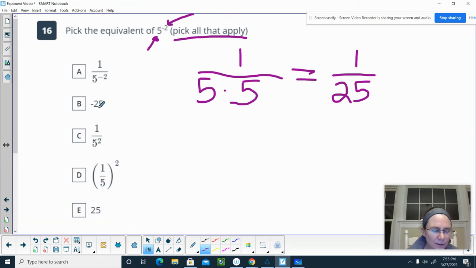It's not -25 because I don't have a negative here. These, 1 over 5 times 5 and 1 over 25, none of those are negative. It's not E, it's not 25 because it's 1 over 25, so I can eliminate that one as well. C will match.